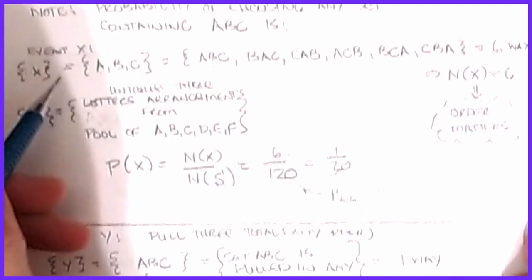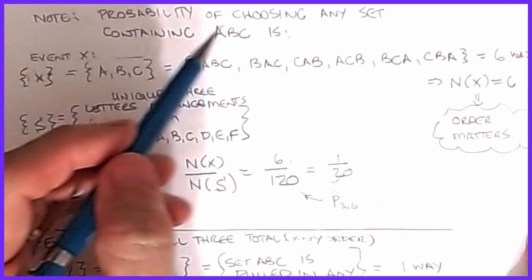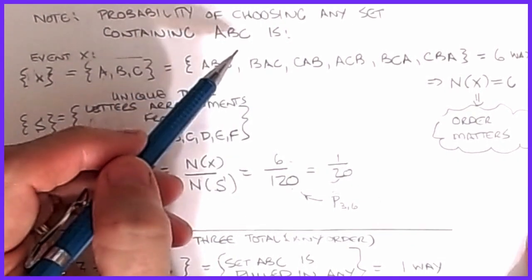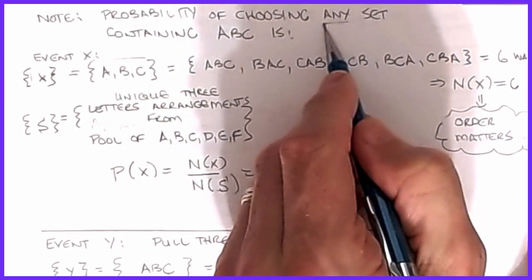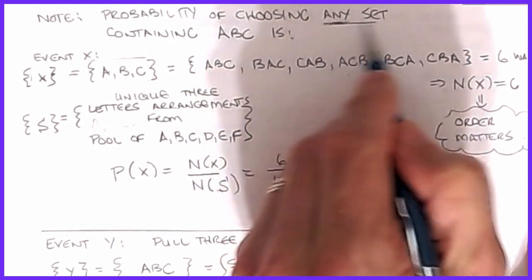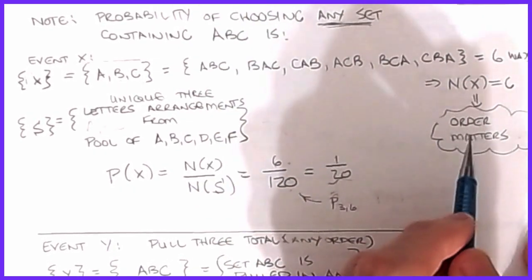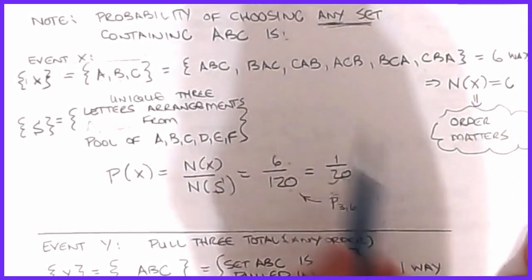Okay, so let's define an event X as being the probability of choosing any set containing A, B, C, the letters A, B, and C. And again, the wording here that you have to watch out for is that this says any set. This word any implies that order matters, that we can come up with outcomes that meet this particular case.